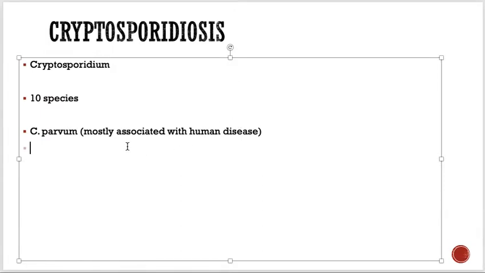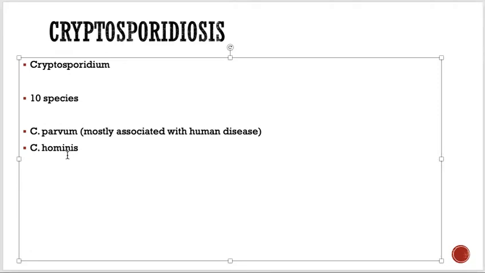But there are many other species which will come up in the books, or you will find in your internal medicine books. For example, Cryptosporidium hominis is also there. Mostly Cryptosporidium parvum and Cryptosporidium hominis you are going to find in the books.